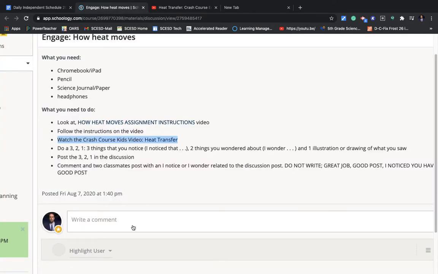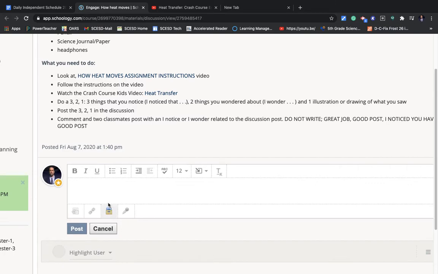So when you are doing that, you are going to be creating a comment in this section, and you are going to go ahead and put, I noticed that heat transfer is everywhere, okay? Now I have one of the notices that I need, but I do need 3 things that I've noticed. So I'll need 2 more of these, okay?